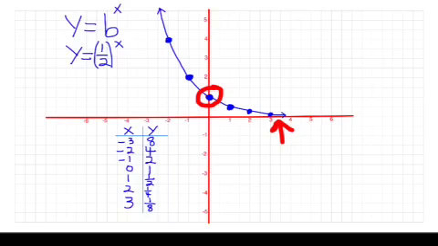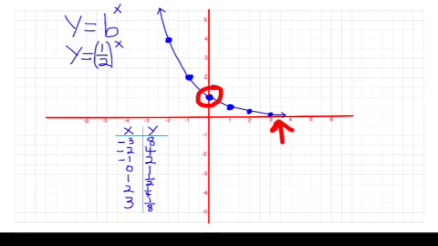So again, the x-axis is a horizontal asymptote, just as it was on 2 to the x, but this time the right side of the graph approaches the asymptote, but the left side approaches infinity.